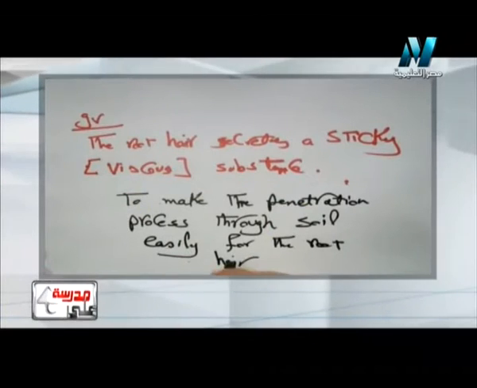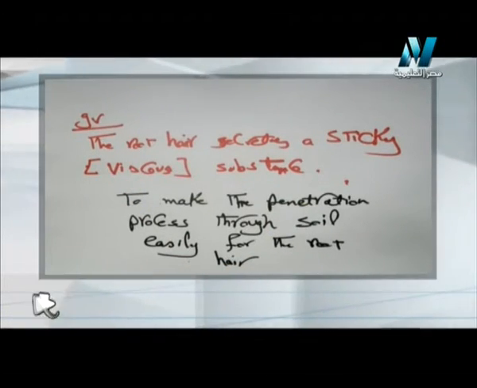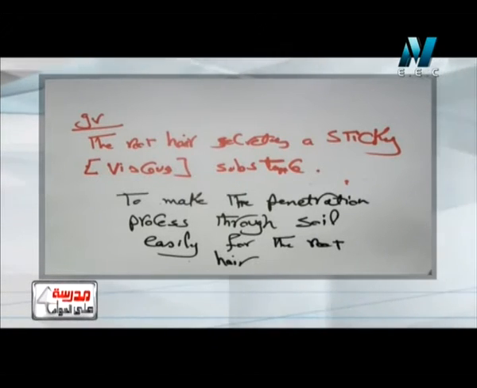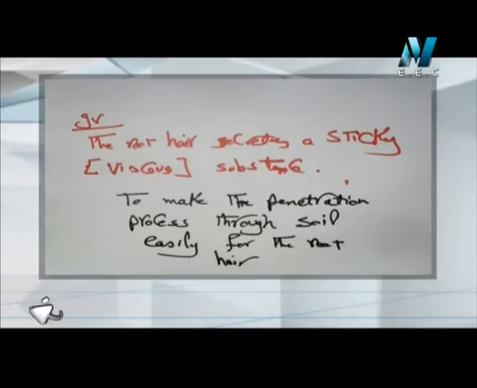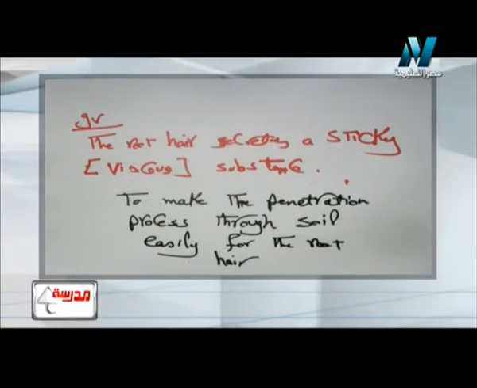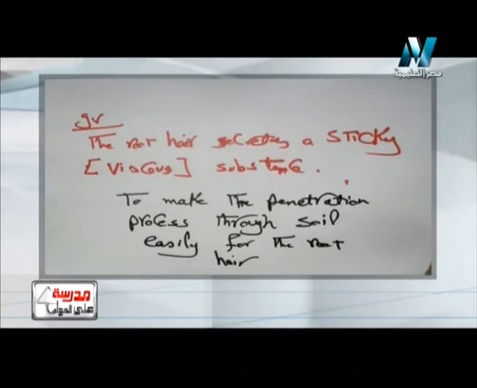It's a very important point that the root hair secretes a viscous or sticky substance to allow its penetration inside the soil. Again, it's a very important process that the root hair makes to allow penetration in the soil.